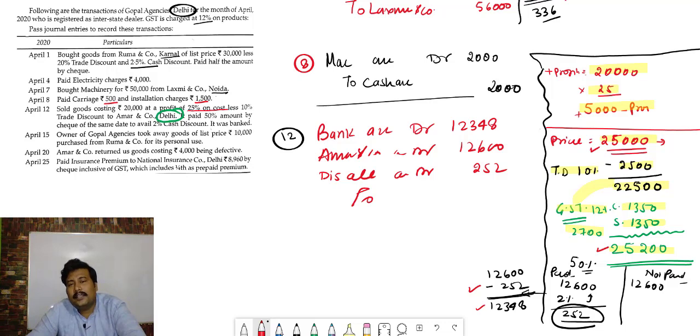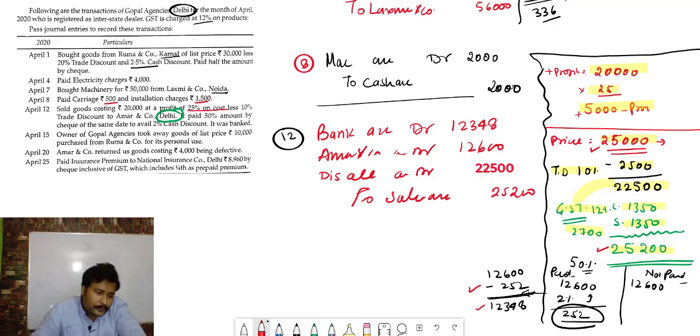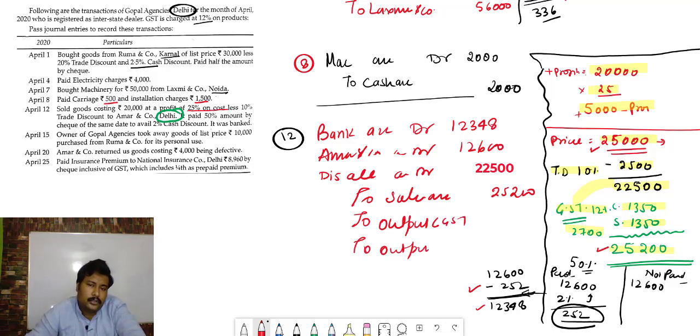To sales account, total sales is 25,200. On the time of purchase there was input GST, so on the time of sales it will be output CGST and output SGST, 1,350 and 1,350.